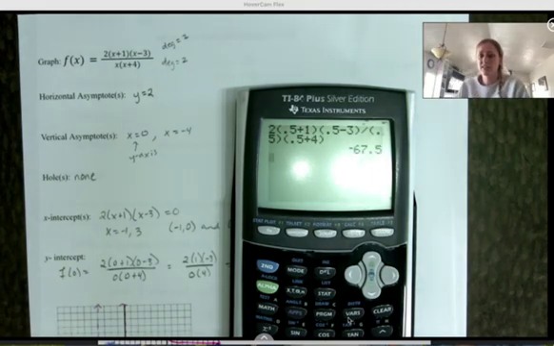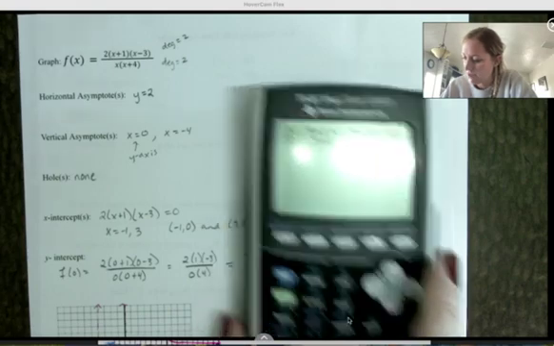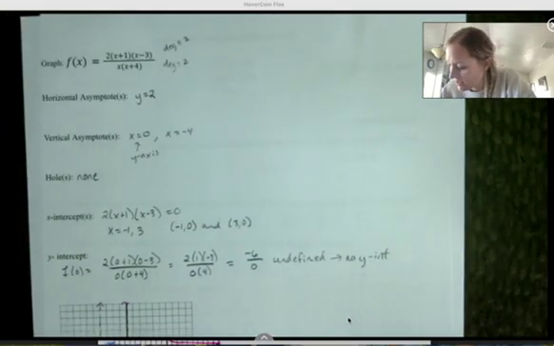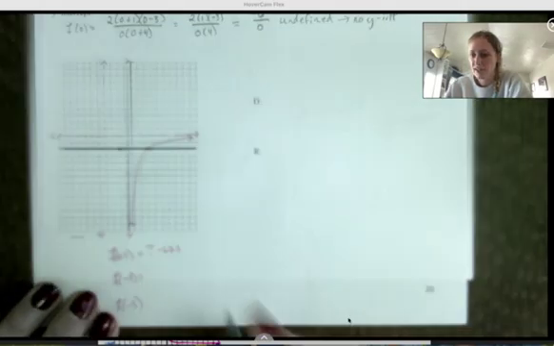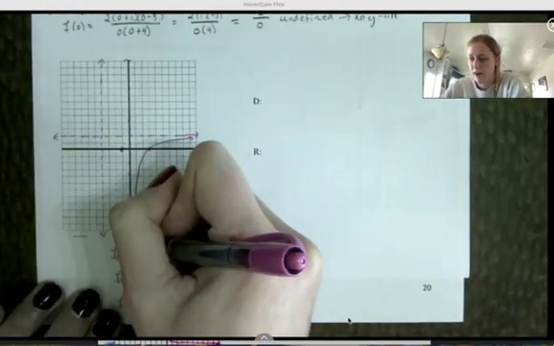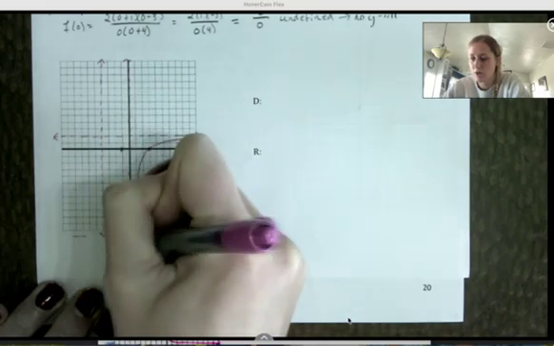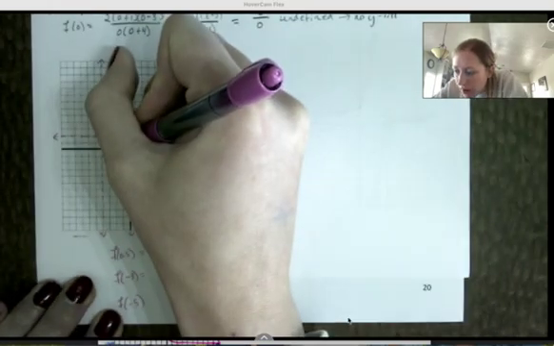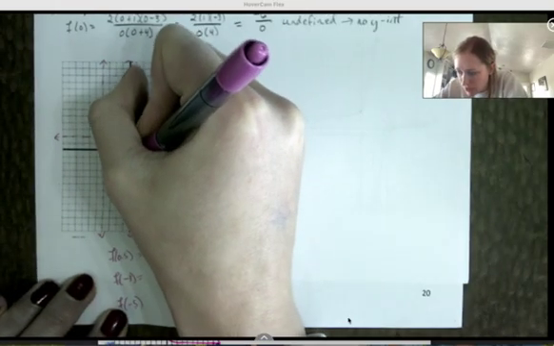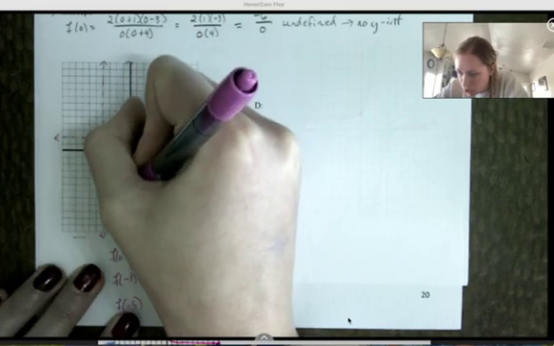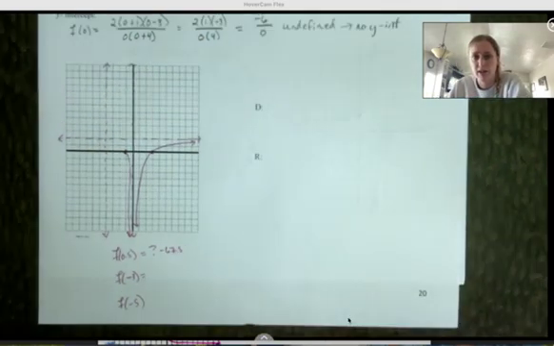Okay, so -67.5. So 0.5 is at -67.5. That means it's way down here off the graph. So it's going to get really close to that vertical asymptote on this side. So it's shooting straight down in order to make that happen.